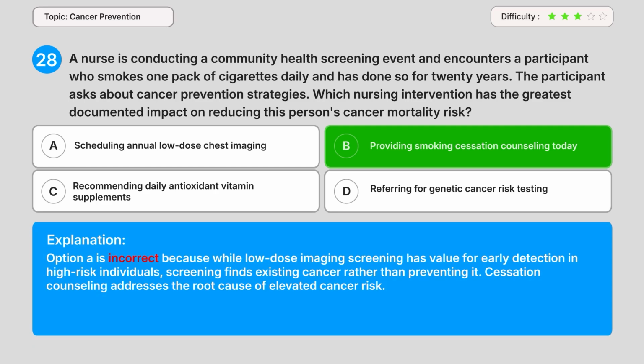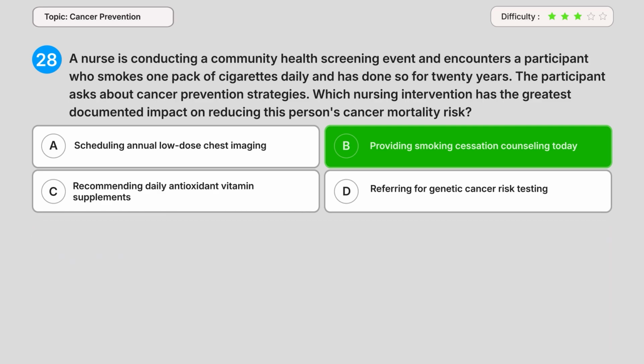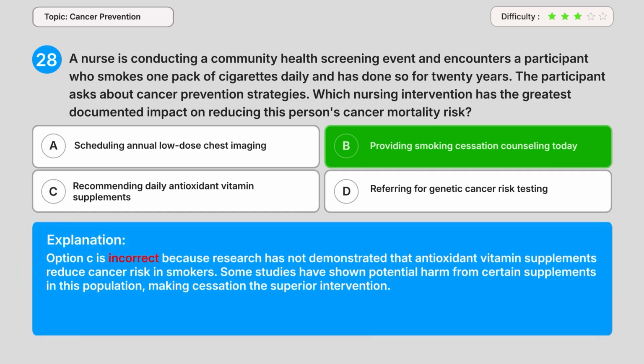Option A is incorrect because while low-dose imaging screening has value for early detection in high-risk individuals, screening finds existing cancer rather than preventing it. Cessation counselling addresses the root cause of elevated cancer risk. Option C is incorrect because research has not demonstrated that antioxidant vitamin supplements reduce cancer risk in smokers.